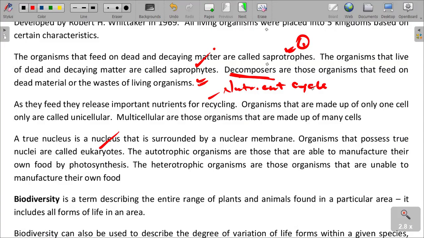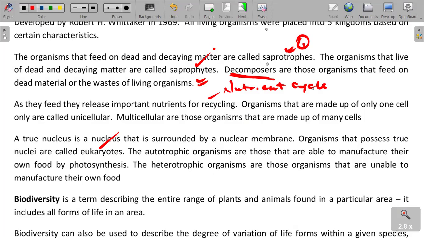So now, I mentioned this, and I want you to understand that when we talk about classification, we are just talking about grouping of organisms based on a specific characteristic in terms of their similarities and differences.